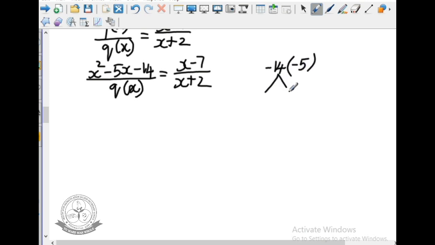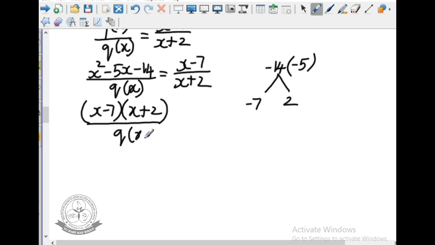The factors for 14 are 7, 2. Minus sign is the sum, so give the negative to the greater number. So, the answer will be x minus 7 into x plus 2, divided by Q of x, is equal to x minus 7 divided by x plus 2.